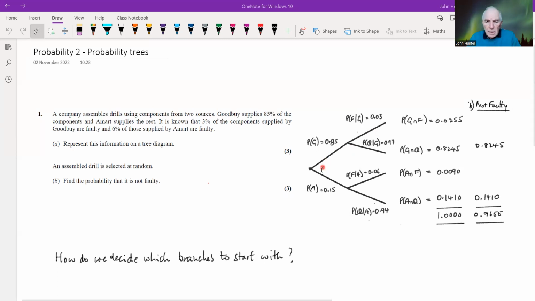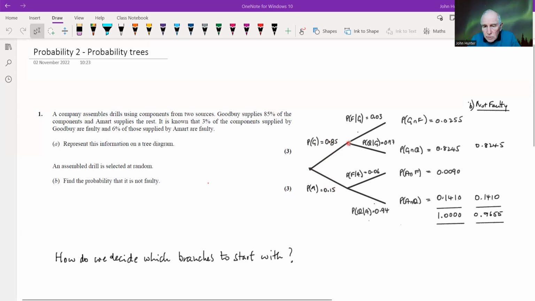So we're picking one out at random, and we want to understand the probabilities. At this first level of the tree, we've got Goodbye 85%, so this is 0.85, and then Amart, or the rest, which is 0.15. These two add up to 1. In other words, all of the branches from a node will add up to a probability of 1.